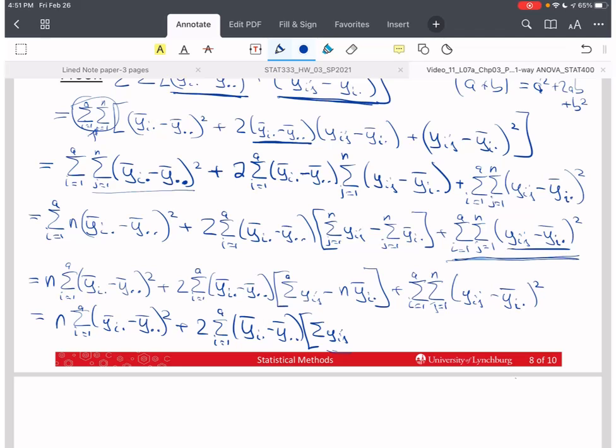This is across n, minus, now I substitute in, this is n times 1 over n sum j equals 1 to n of yij, then plus the last term, the last summation.